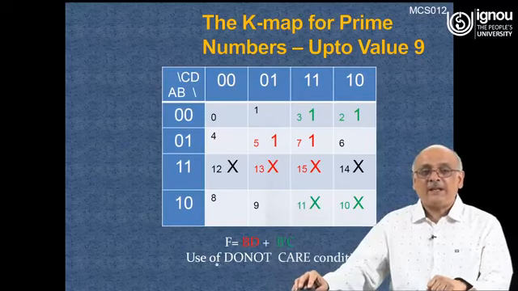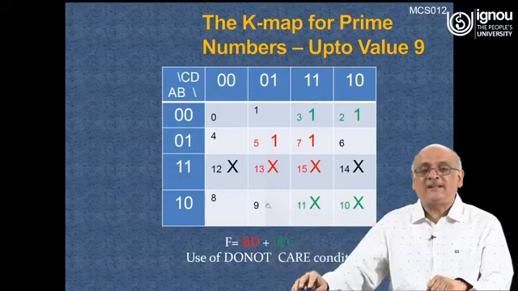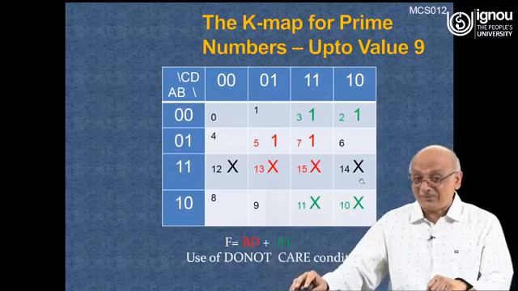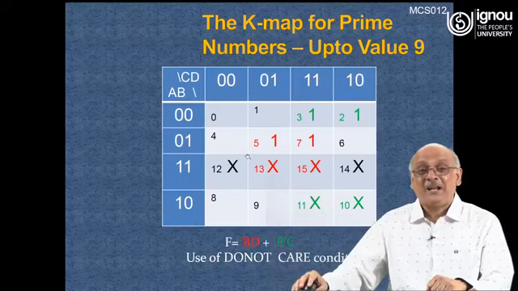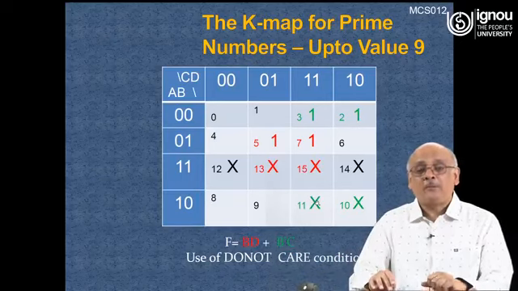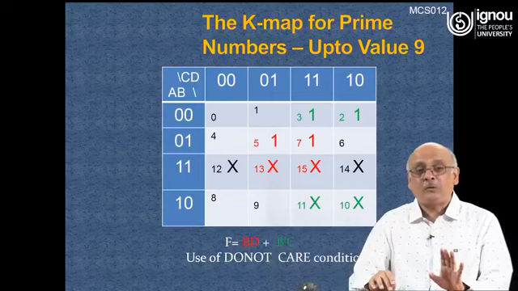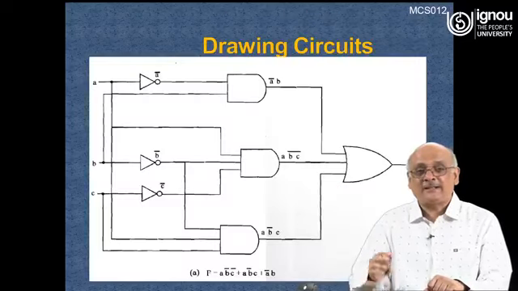So what we see is that with the use of don't care condition, it further simplifies the design, right? With don't care condition, the X need not be covered, whereas we need to cover all the ones when we are dealing with normal circuits without don't care condition. So this was another example.